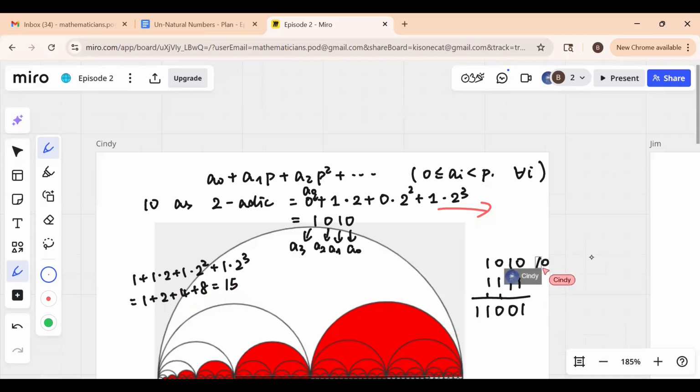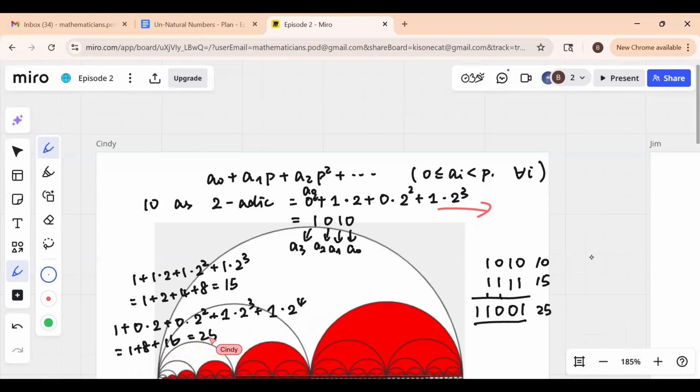This one is 15, so it should give us 25. For this one, we're getting 1 plus 0 times 2 plus 0 times 2 squared plus 1 times 2 cubed plus 1 times 2 to the fourth, which is giving us 1 plus 8 plus 16, which is exactly 25.